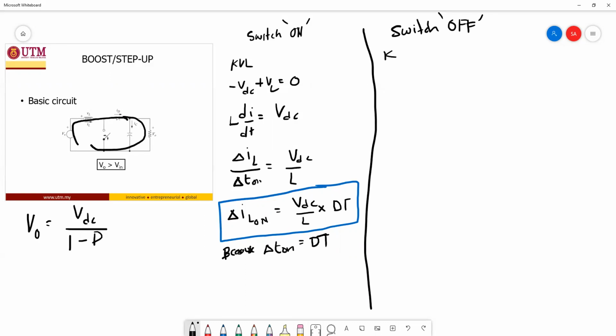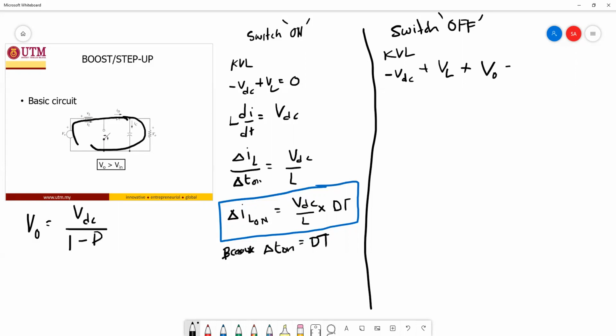The KVL during switch off is negative VDC plus VL plus V out equal to 0, assuming the voltage across the diode is 0.